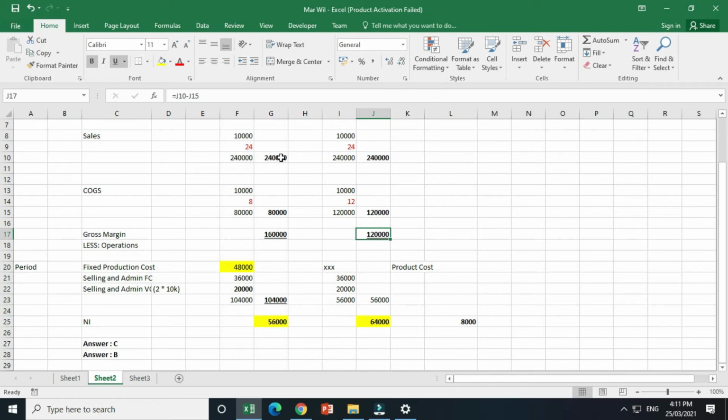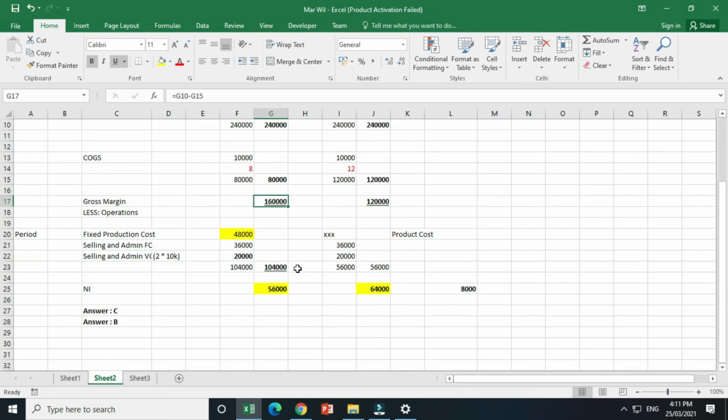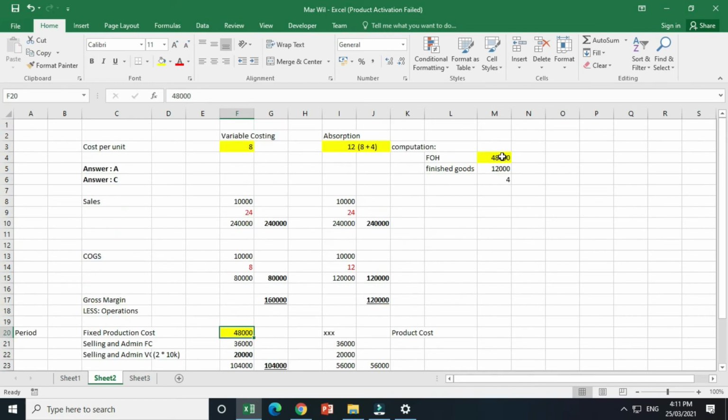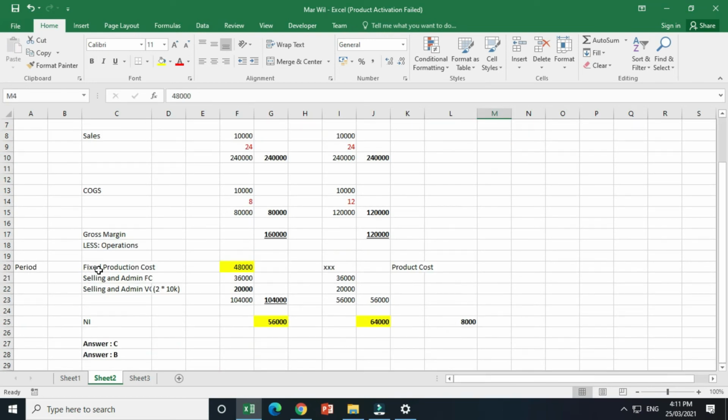So we deducted cost of goods sold, of course, very basic. We deduct that from the sales, 120,000. So the answer is 120 to 160. So again, the fixed production cost is a given. As you can see here, it's a period cost now, and it's to be deducted immediately.